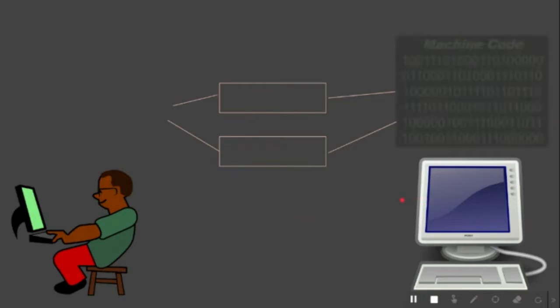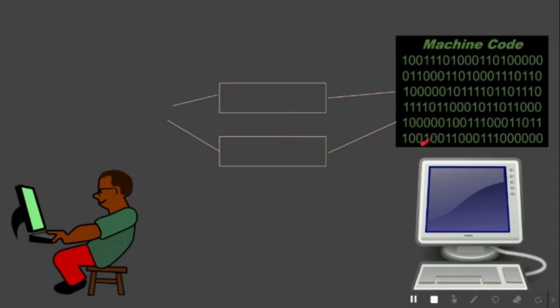Computers only understand machine code, machine language. But for us humans, writing code in machine language is hard, so humans prefer human-readable code. They call it human-readable code, but it's not like plain English or your native language. So that's where translators come in.